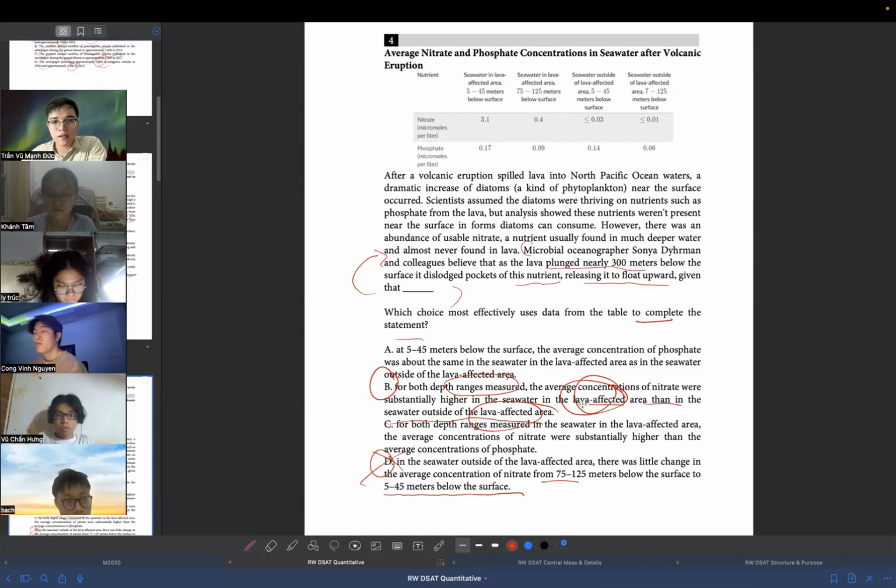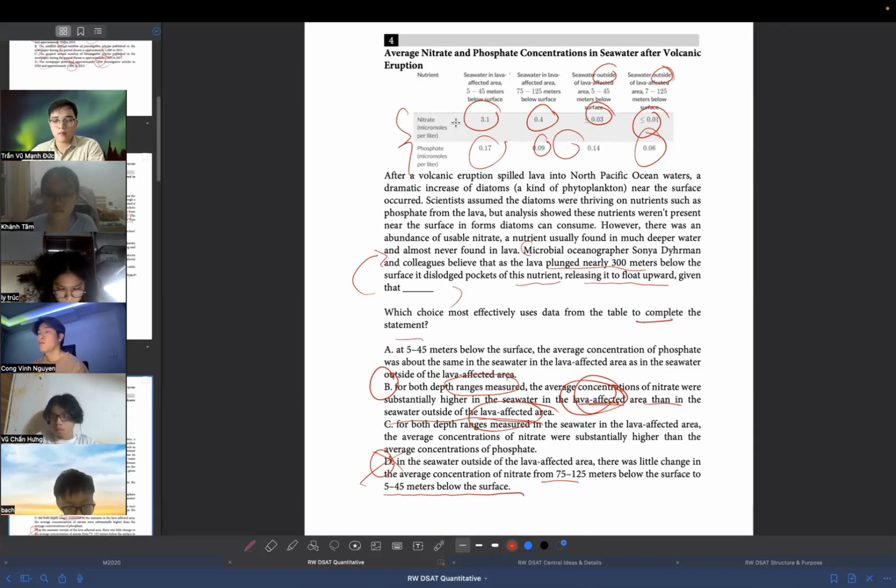So this one is comparing the lava affected and the non-lava affected. Seawater in lava affected, and this is outside. So for both depths were substantially higher. So we can see this one is higher and this one is also higher, nitrate.